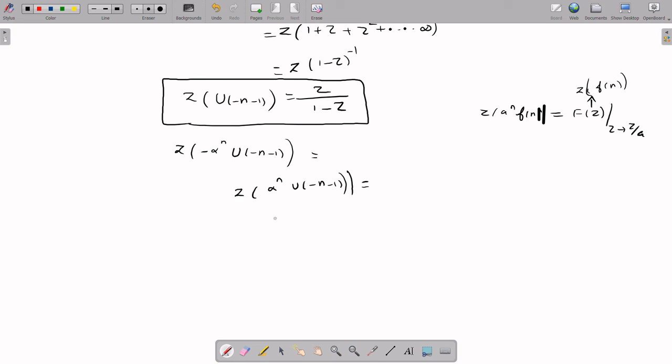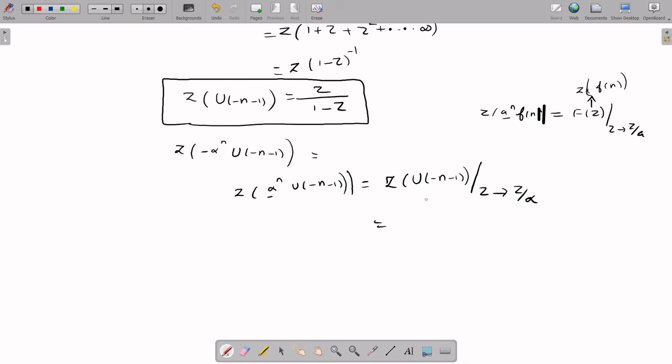From that we can easily write the value of this one, which is minus alpha power n. So for alpha power n u of minus n minus 1, F of z is the z transform of u of minus n minus 1 as z tends to z by alpha. In the place of a you have alpha, so z tends to z by alpha.